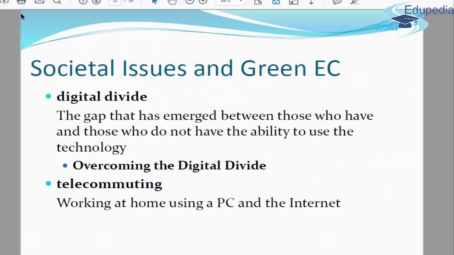Digital divide: the gap that has emerged between those who have and those who do not have the ability to use the technology. Definitely look into the kind of digital divide available in a locality. For example, in Africa, many people are still catching up, but they're still struggling. Asia as well, many people are still struggling to catch up with the use of mobile phones.